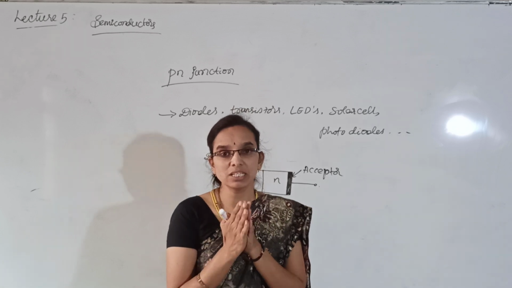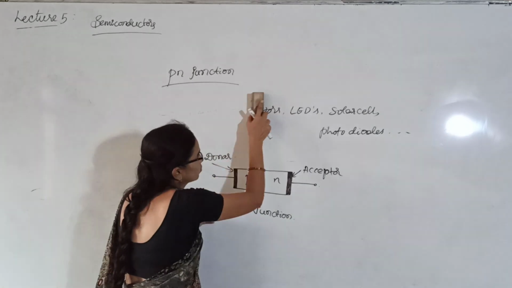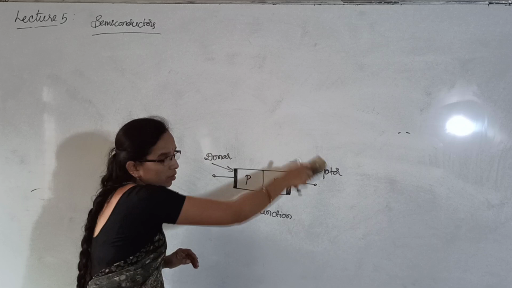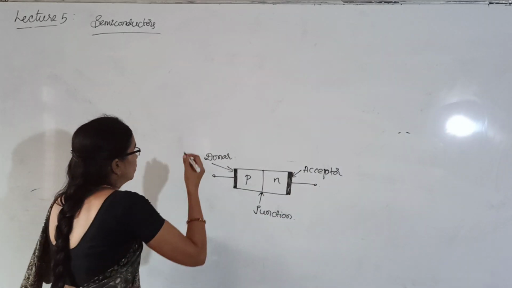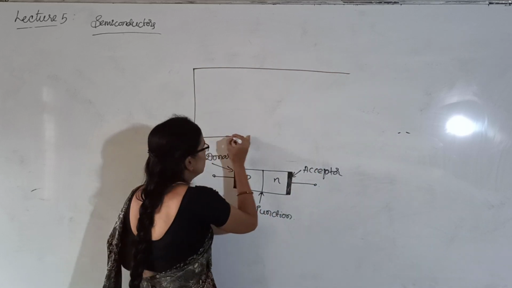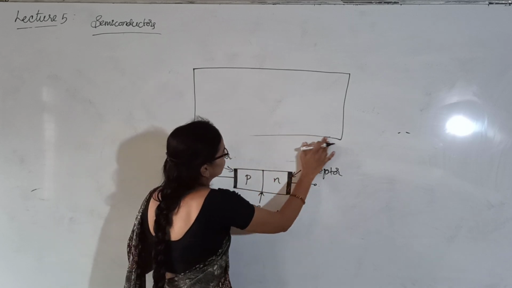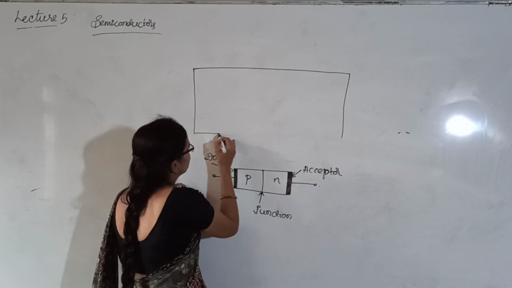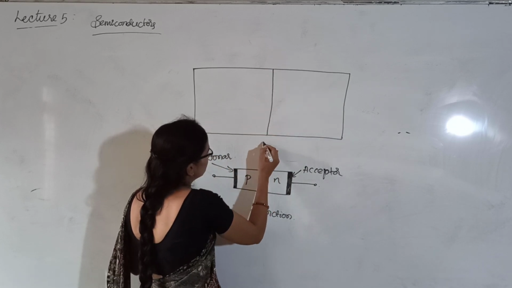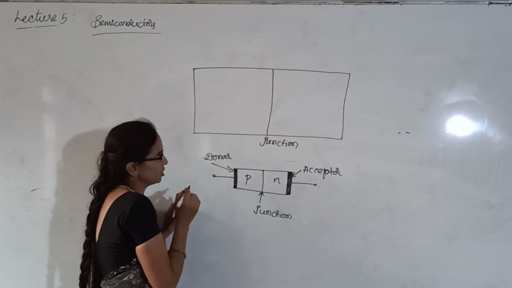Once the PN junction is formed, if this is a single silicon crystal, junction, you can call it a PN junction.